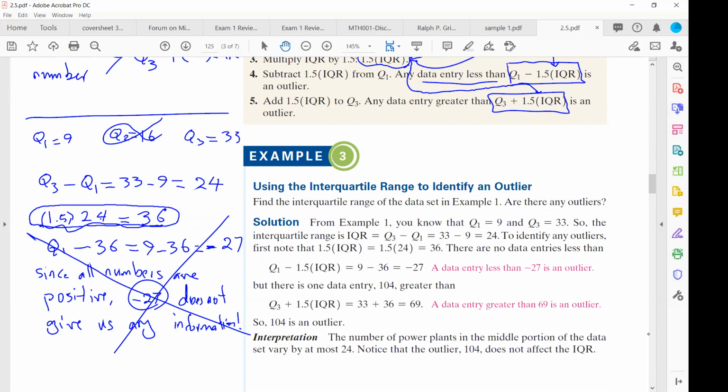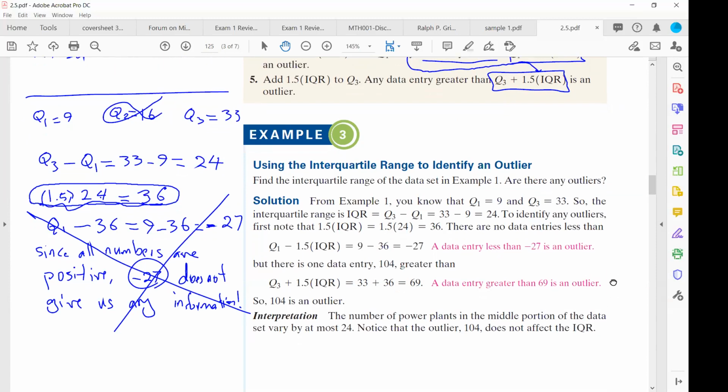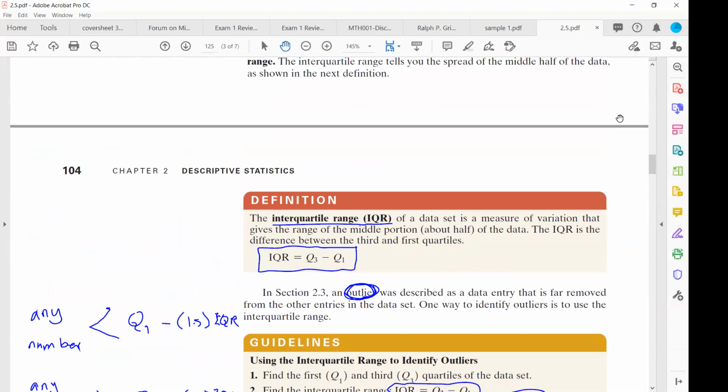Last step, add Q3 and the number that you found by multiplying 1.5 and 24. Q3 plus 36. What was my Q3? My Q3 was 33. 33 plus 36 is 69. If I have any number greater than 69 in my collection, that number is an outlier. Okay, let us get back to our collection.